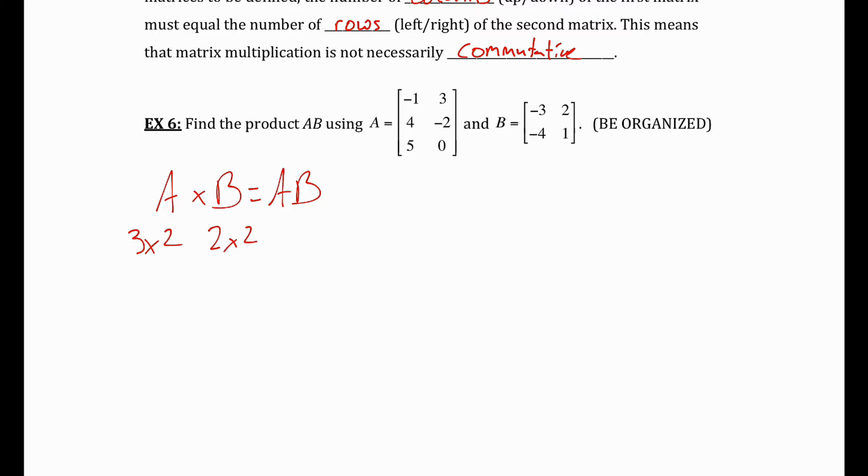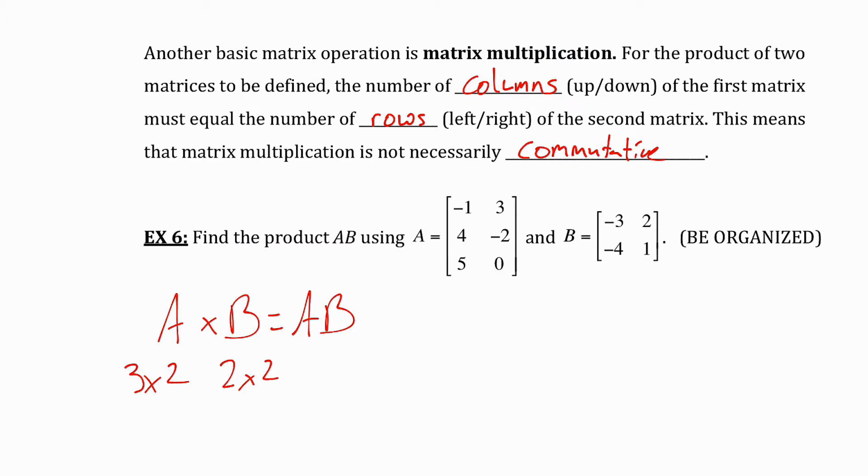Now going back to what we talked about at the beginning, the number of columns in the first matrix must be equal to the number of rows in the second. In other words, when you're lining them up next to each other, these two must be equal.